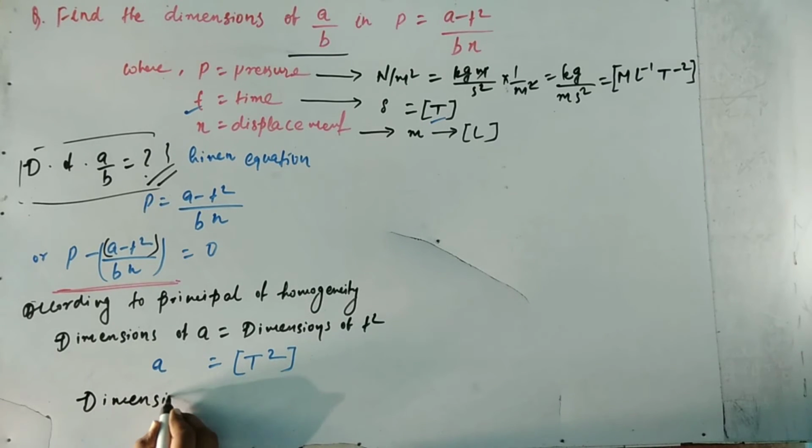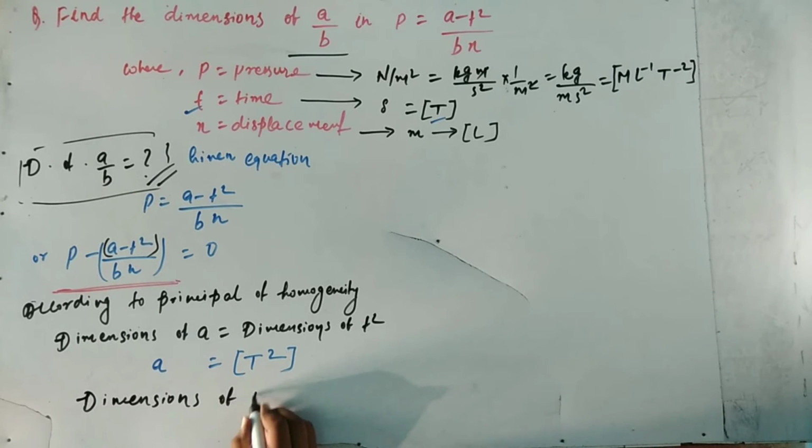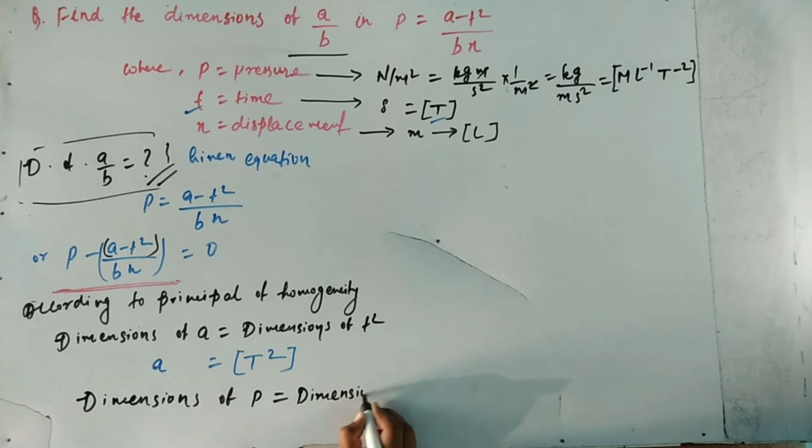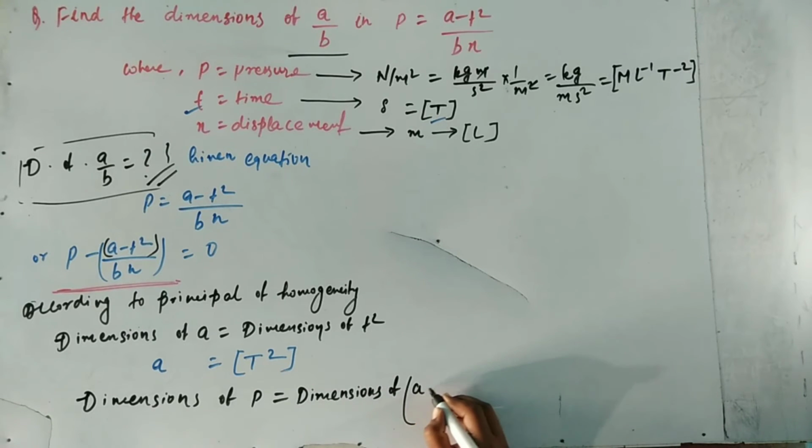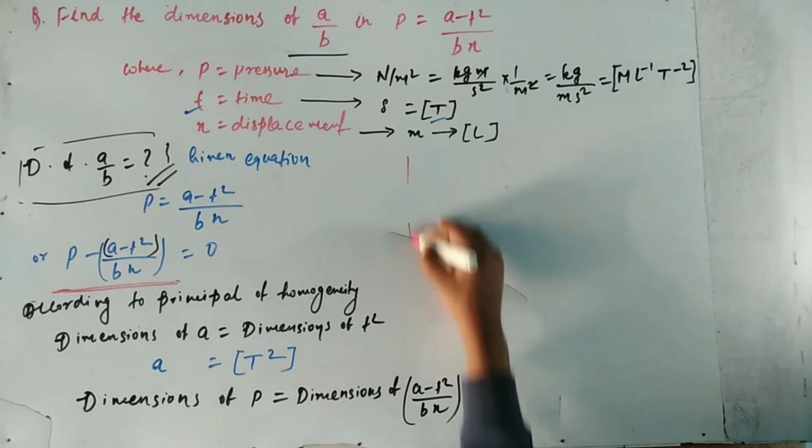Here we apply the principle of homogeneity again, and here the two terms are P and (A minus T square) by Bx. So the dimensions of P equal the dimensions of (A minus T square) by Bx, according to the principle of homogeneity.